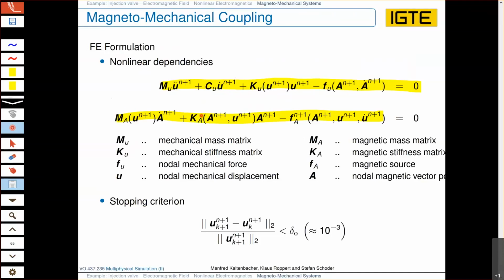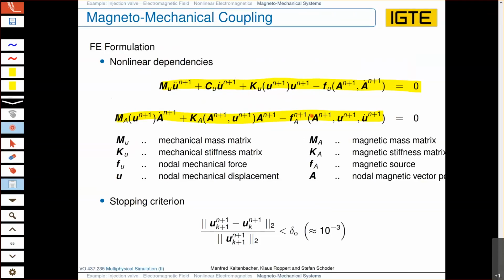Also, the stiffness matrix may depend on the vector potential, due to the non-linearity between B and H. So our magnetic permeability depends on the magnetic field. And we have the right-hand side, which are, for example, any conductors carrying currents.